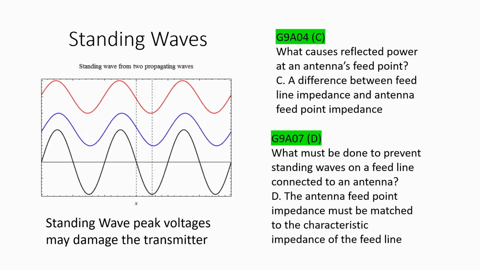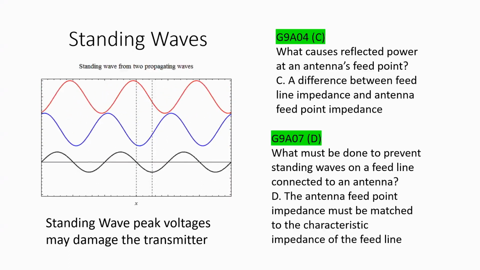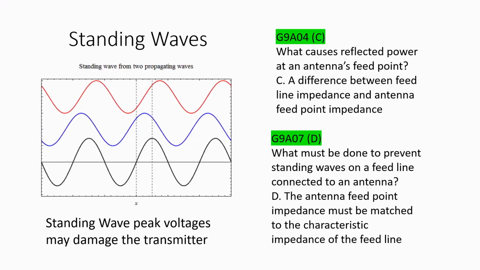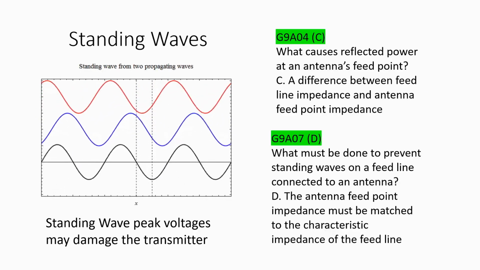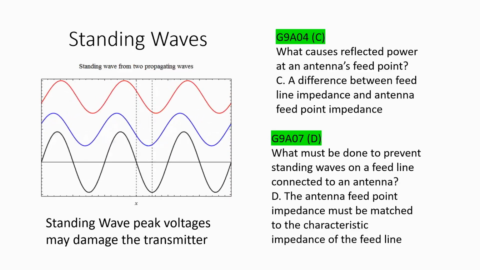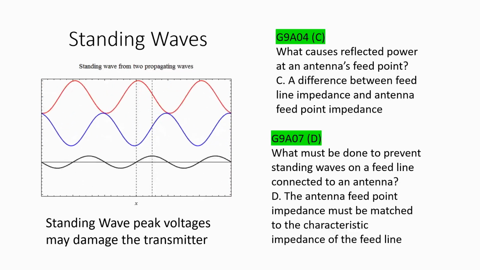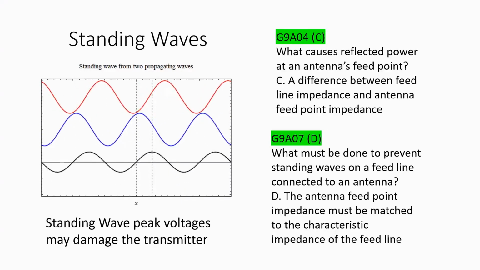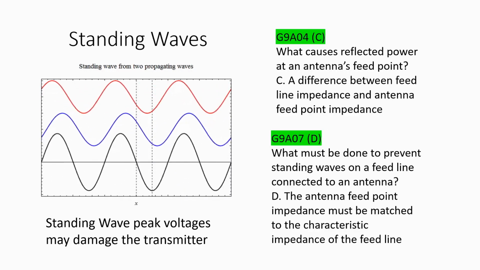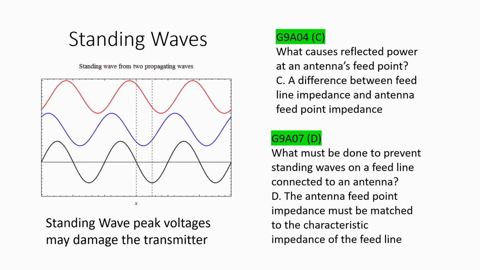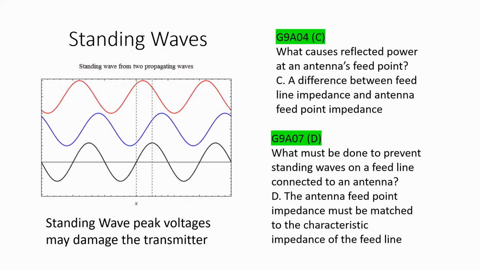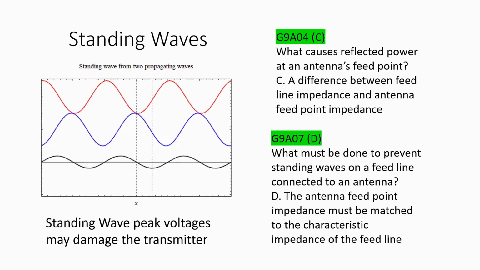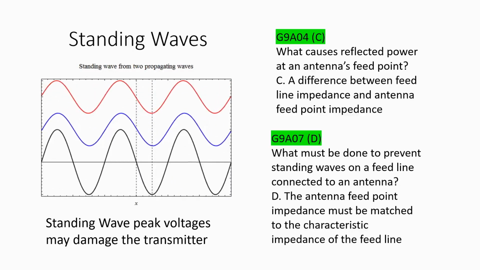So, standing waves. Standing waves happen in all kinds of wave formations, but we're talking about the radio signal that we're sending out to the antenna. In this graph, the radio signal that we're transmitting is red, but the feed line impedance does not exactly match the impedance of the antenna.